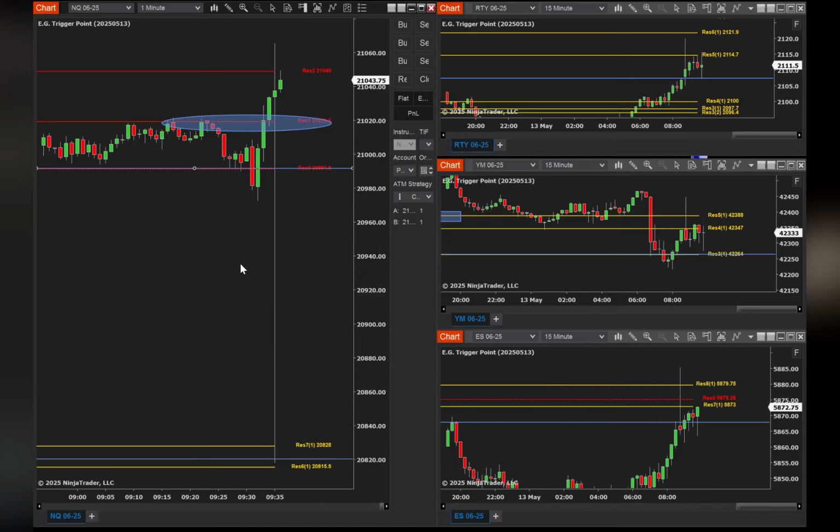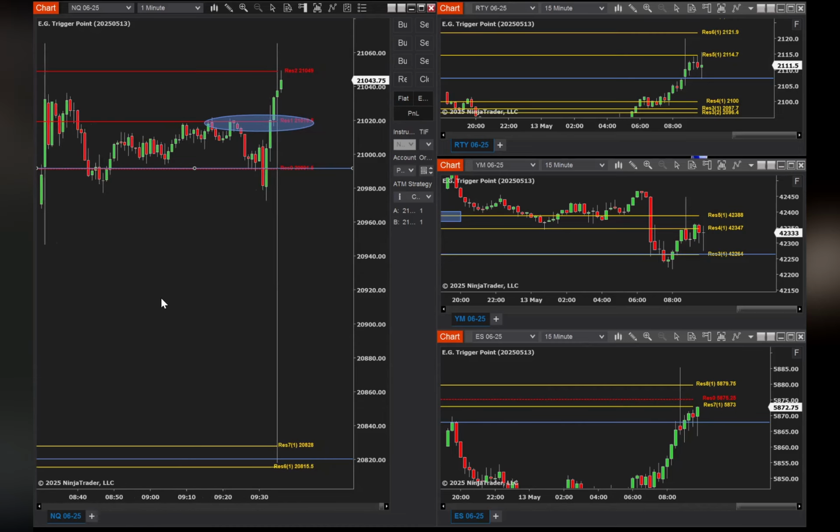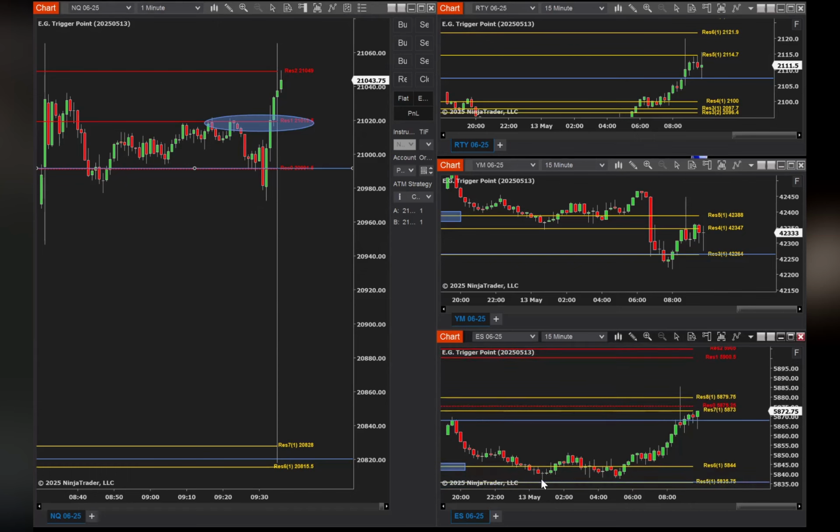Remember the basic rule of trading support and resistance, especially when they do not lag and they are fixed and they do not repaint. Buy at support, sell at resistance. Why? Because when the market hits its support, we expect it to go up. When it hits its resistance, we expect it to go down. This is the usual behavior. When it hits its support, it goes up. When it hits its resistance, it goes down.